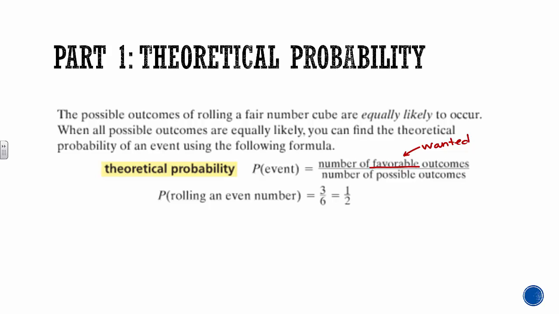So the probability of rolling an even number is 3 out of 6. There's 3 possibilities, so 2, 4, 6 of even numbers, and 6 total choices, 1, 2, 3, 4, 5, and 6. And then always reduce, so 1/2 is the probability.